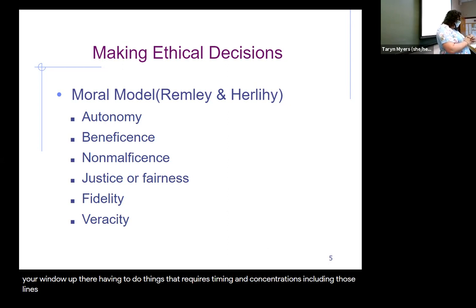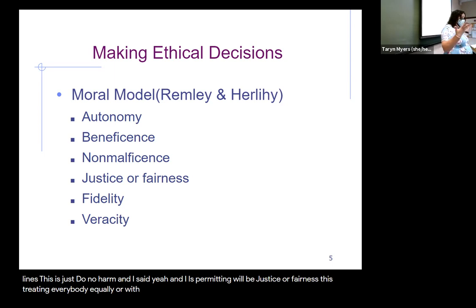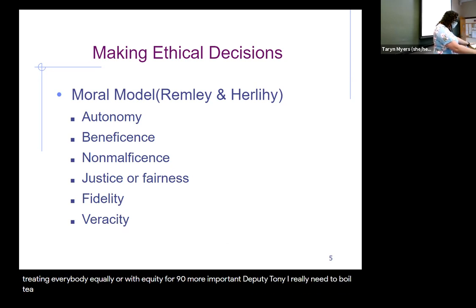Oh, no, non-maleficence is just do no harm, basically, yeah. And then, beneficence is promoting well-being. Justice or fairness, just treating everybody equally or with equity, sometimes more important. Fidelity, a term that really means loyalty.